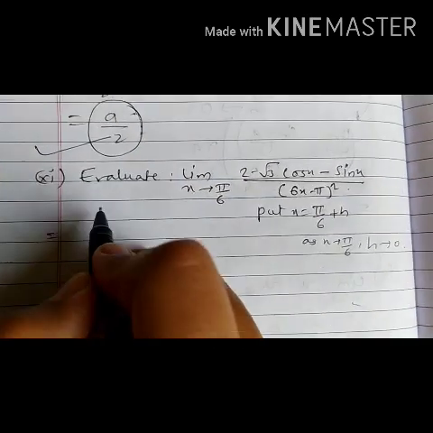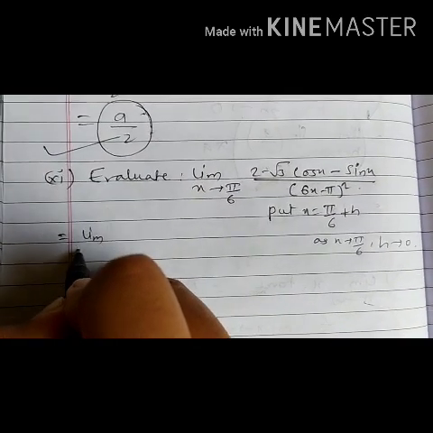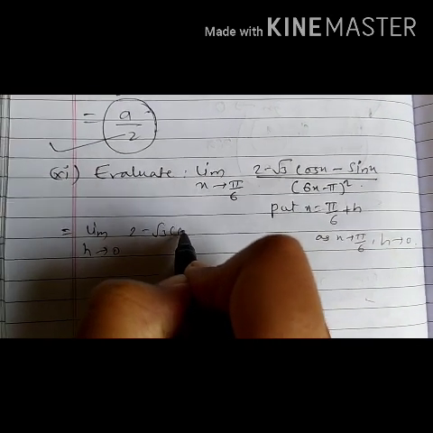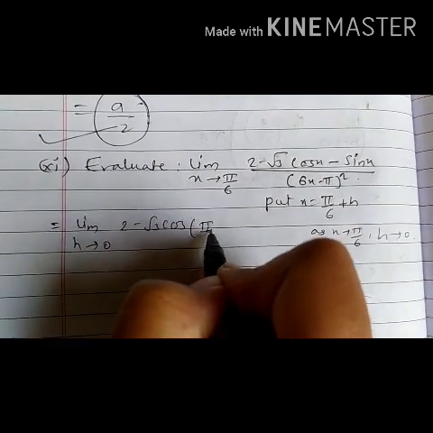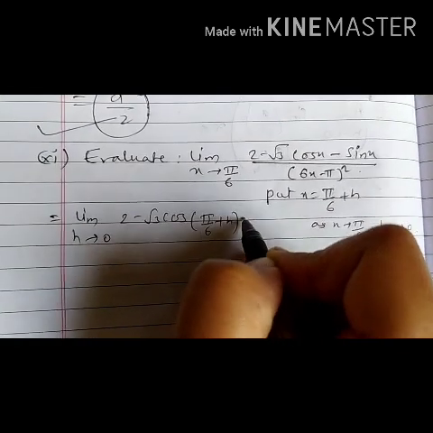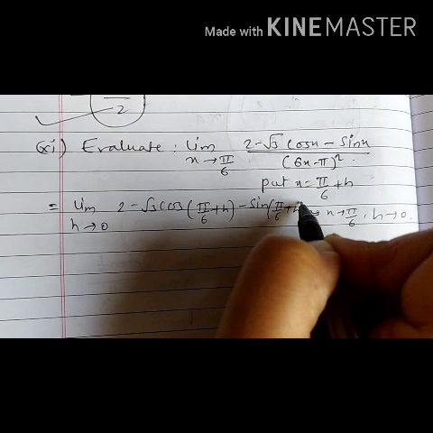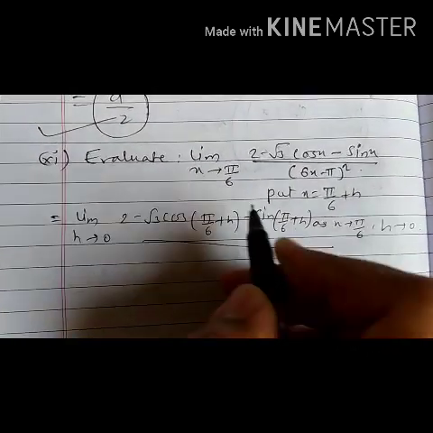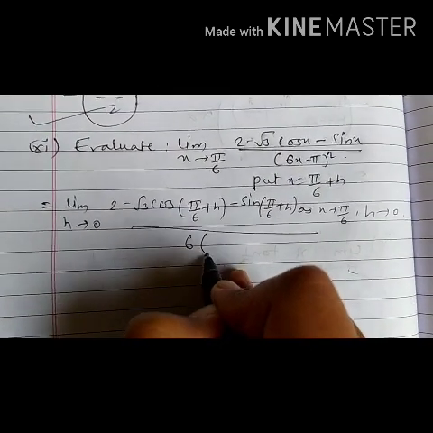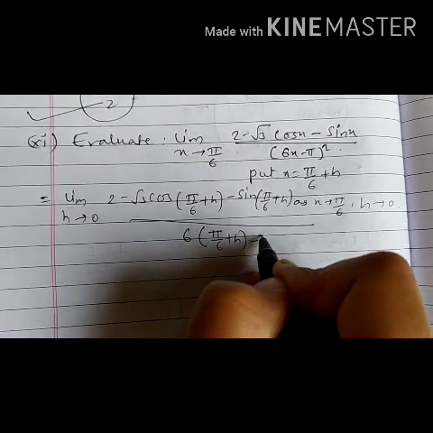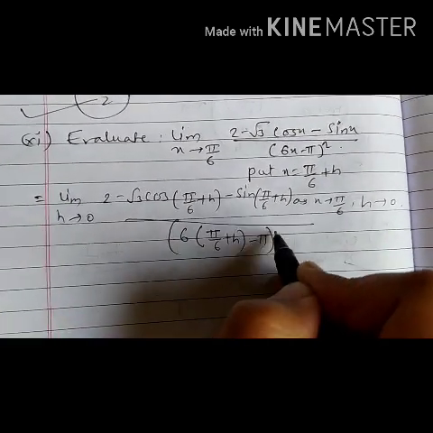So we have limit as h tends to 0, 2 minus root 3 cos of (pi by 6 plus h) minus sin of (pi by 6 plus h), whole thing divided by 6 into (pi by 6 plus h minus pi) raised to 2.